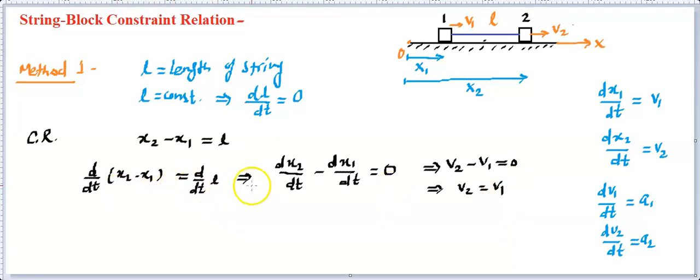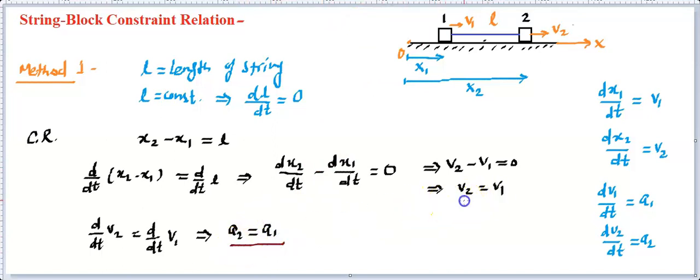Moreover, if somebody is looking for a constant relation among accelerations, what you're going to do is further differentiate this. Further differentiation gives d upon dt of v2 is equal to d upon dt of v1. Can you see from here, this will become the acceleration of the second, and this the acceleration of the first, so that becomes the constant relation for the acceleration.